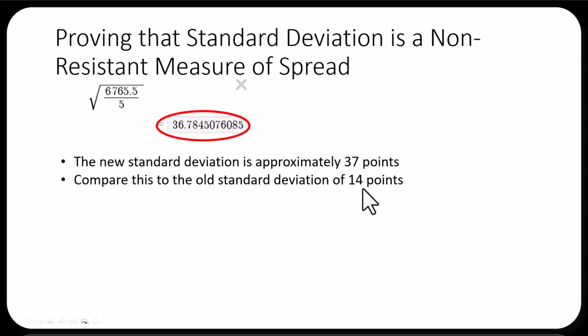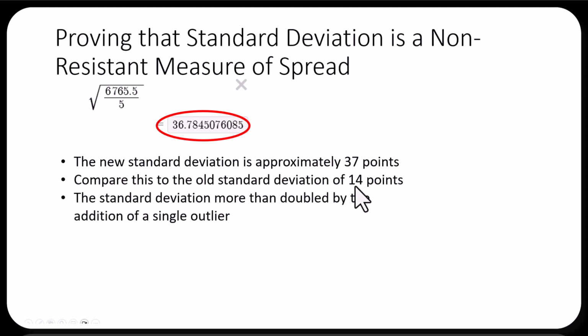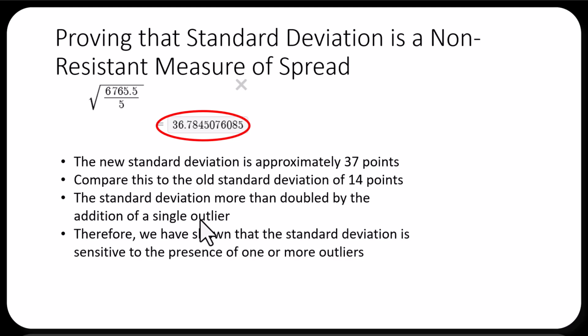If I doubled 14, 14 times 2 is 28. We've actually more than doubled the standard deviation, or the average distance from the mean, just by throwing in a single outlier. So we have demonstrated that the standard deviation is very sensitive to the presence of one or more outliers. In other words, it will change drastically if you throw in one or more outliers.